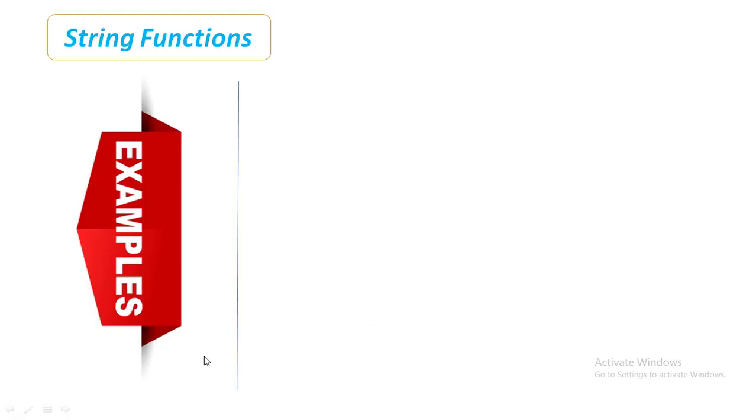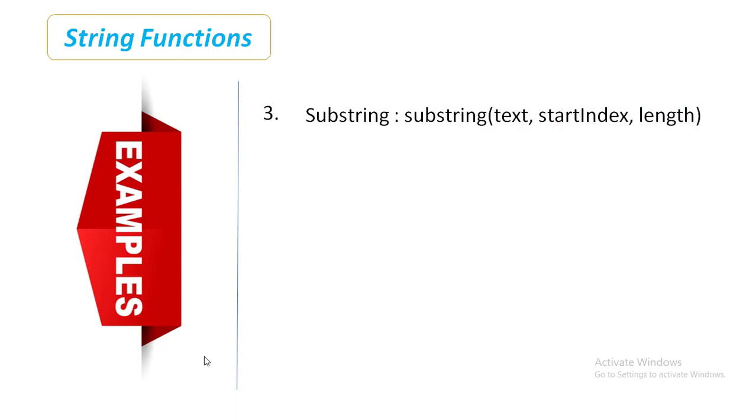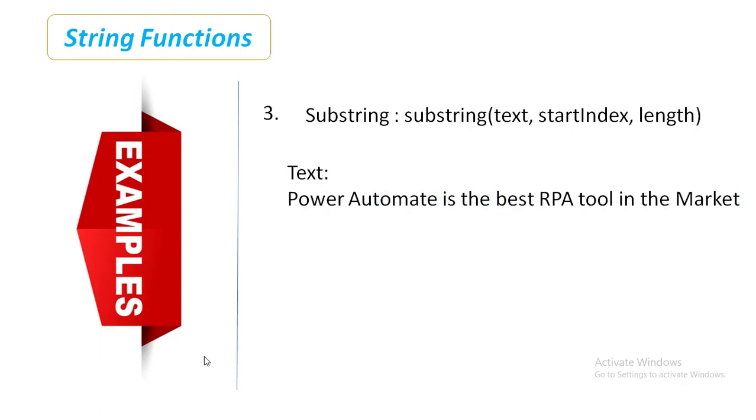Now we'll see another example for the string function, that is substring. If you see the syntax over here, substring text comma start index length. So what is the meaning of that? I have the text over here as Power Automate is the best RPA tool in the market. This is the entire text.